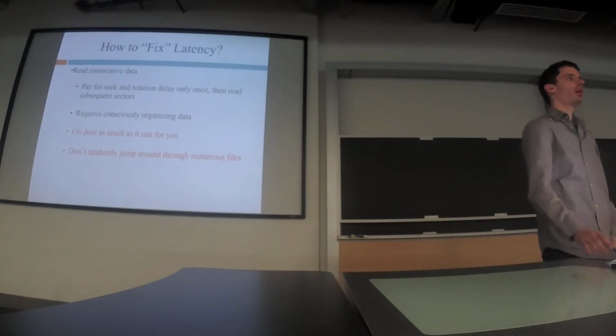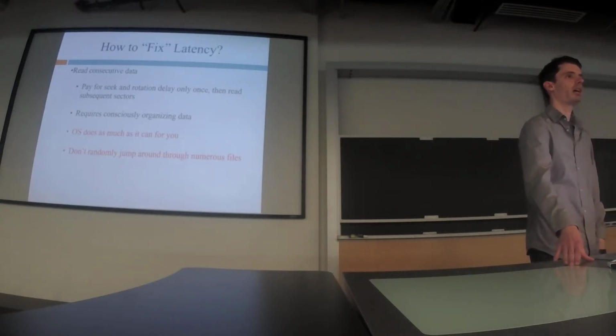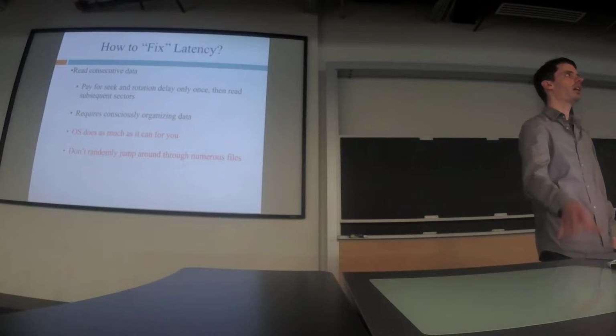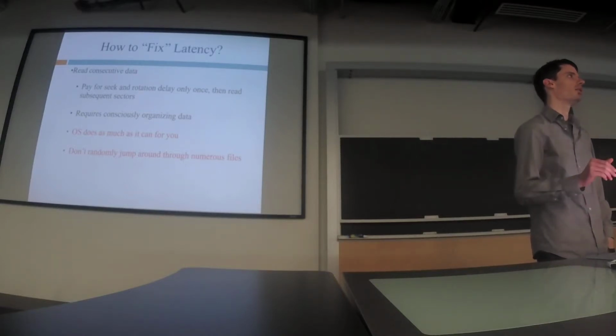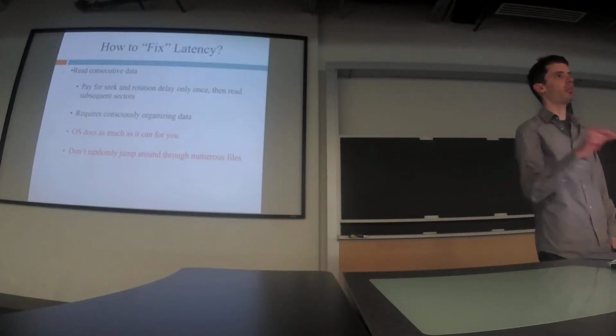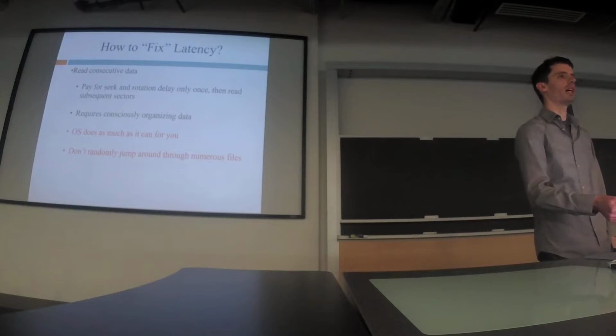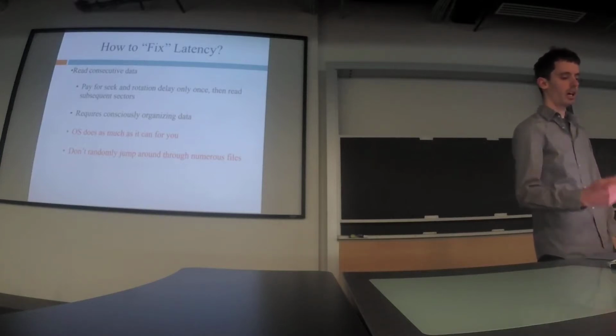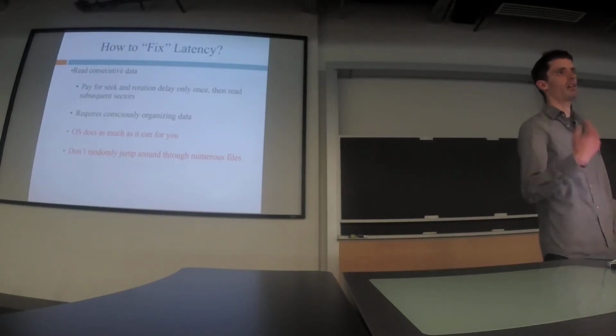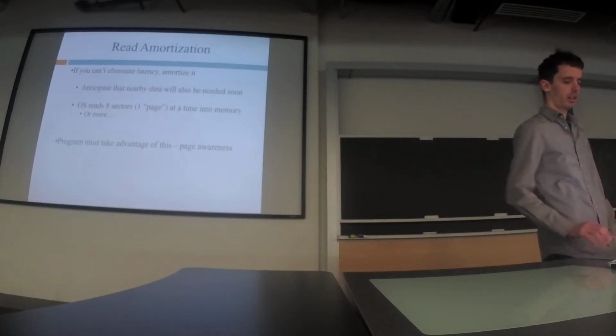Okay, so the OS tries to help you by reading a lot of data at a time. You can hurt yourself by randomly jumping around within a bunch of files or within one file. So you kind of have to be aware of this. The OS has to be aware of this. The disk has to be aware of this.